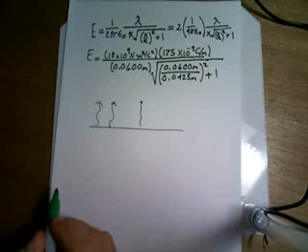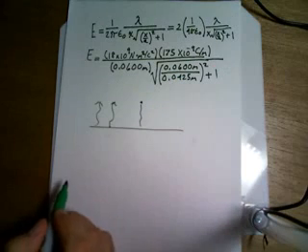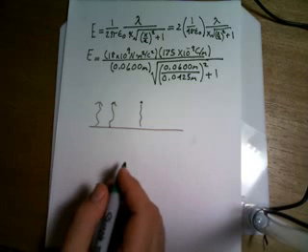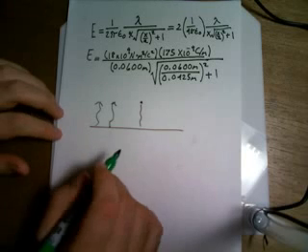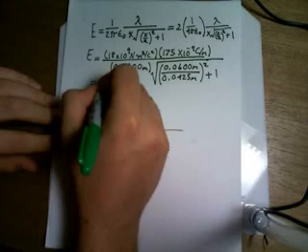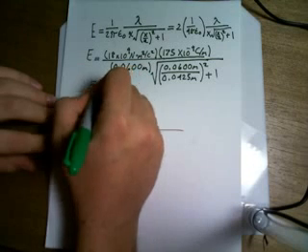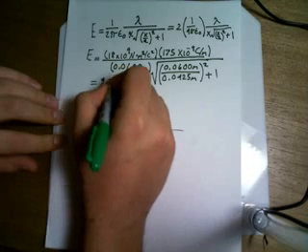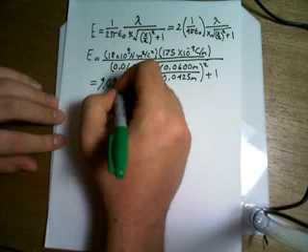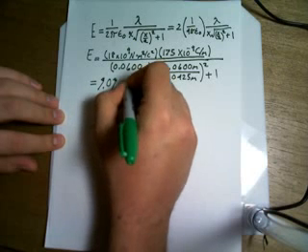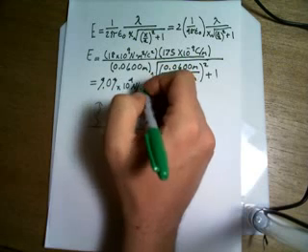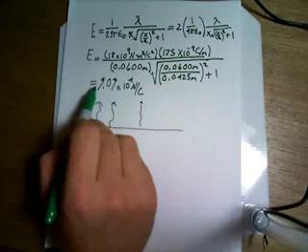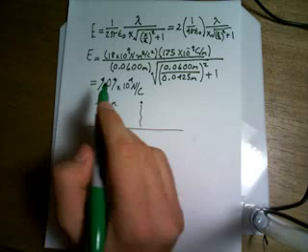Okay, so now we crunch that into the calculator, and that comes out to be 3.03 times 10 to the 4th newtons per coulomb, and it is positive, and so it is directed upward.